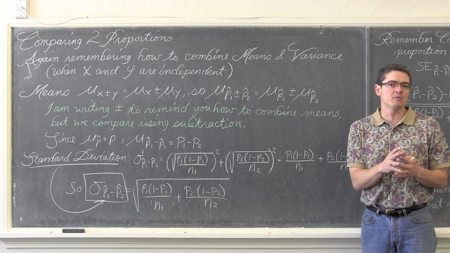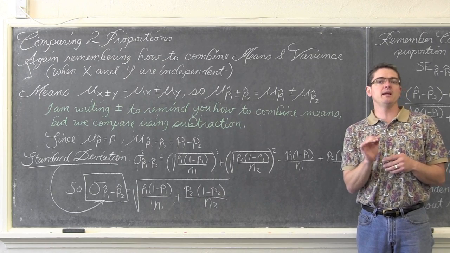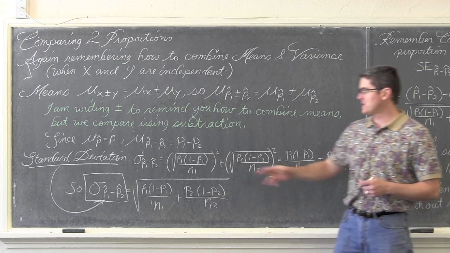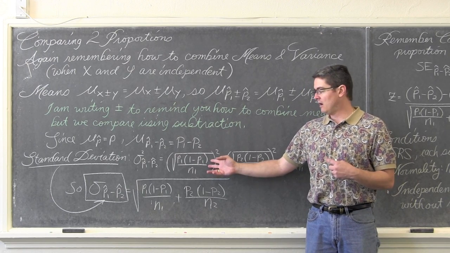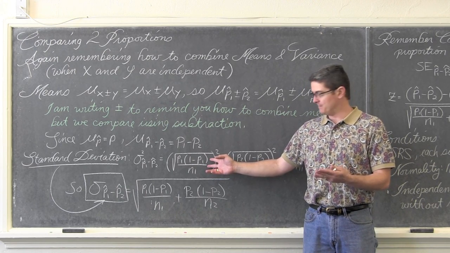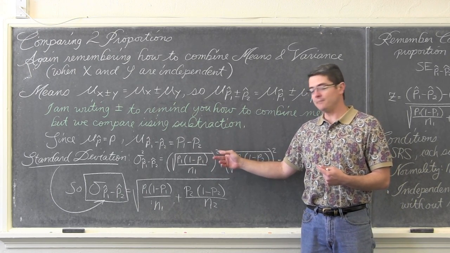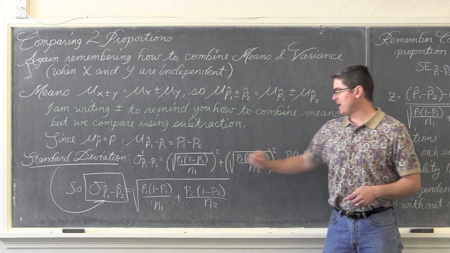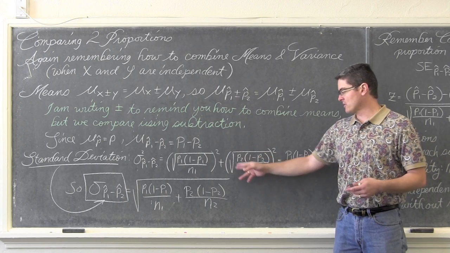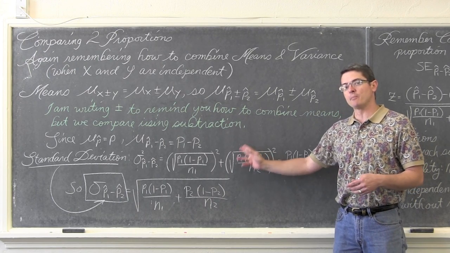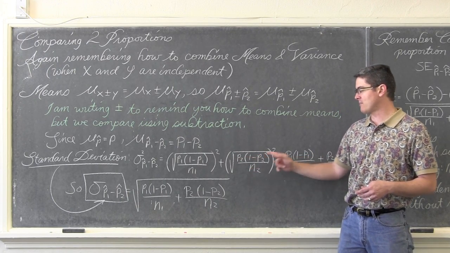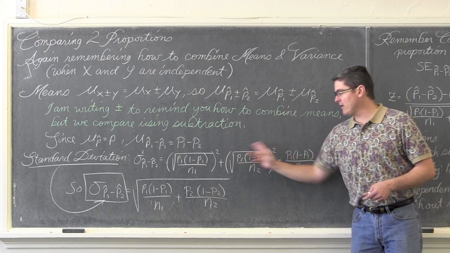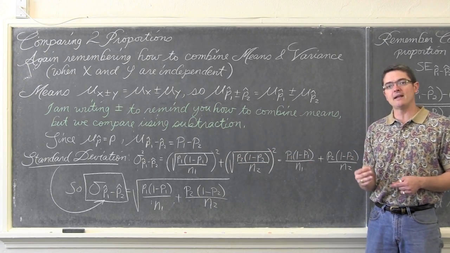Whether you're adding those two groups together or subtracting, we only ever add the variances, and variance is standard deviation squared. So I'm taking the standard deviation of a sample proportion, squaring it, and that'll be the variance of the first sample, plus the standard deviation for, again, a proportion, that's the square root of p times 1 minus p over n, with the sub 2's because it's the second group, and I'm squaring that standard deviation to, once again, make it a variance.